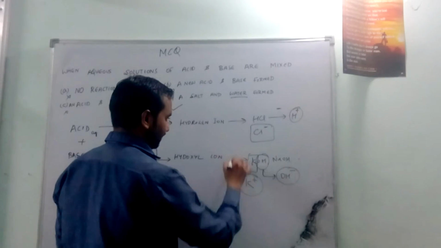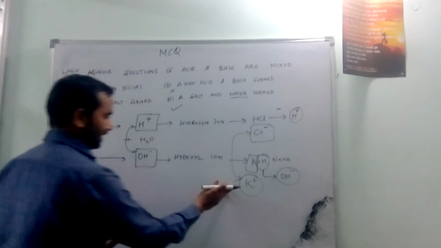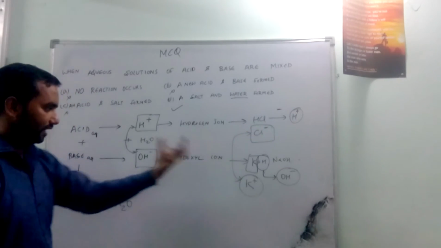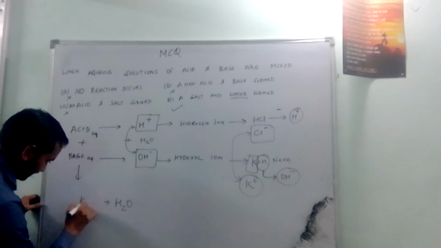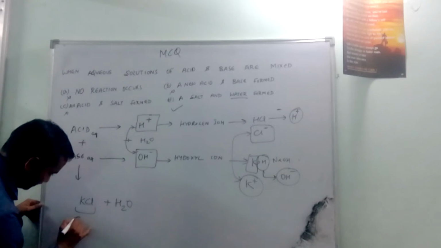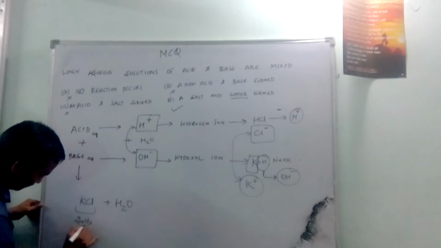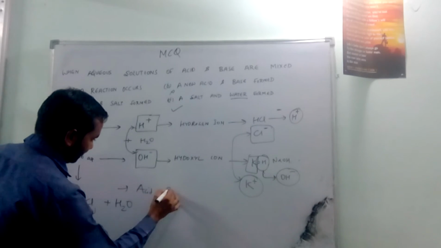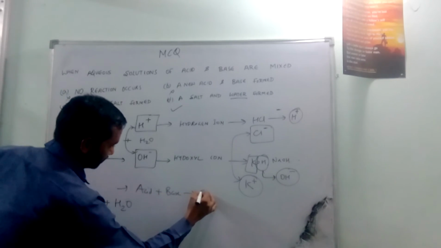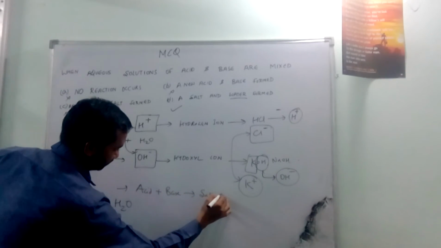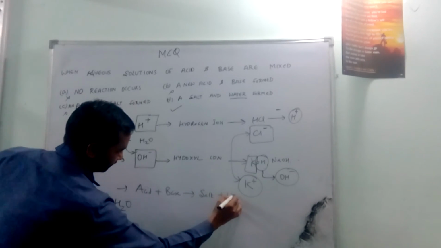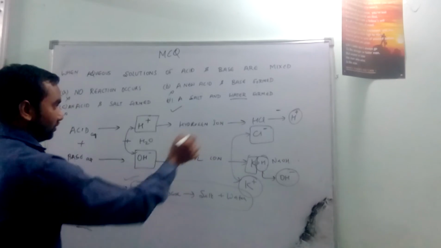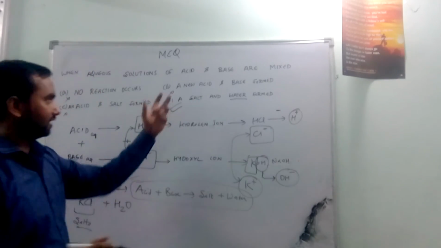When K plus combines with Cl minus, or any positive entity combines with chlorine or any negative entity, it produces a salt. We all know the general formula: acid reacts with base to get neutral, and they form salt and water. So by this theory you can select the fourth option as correct.